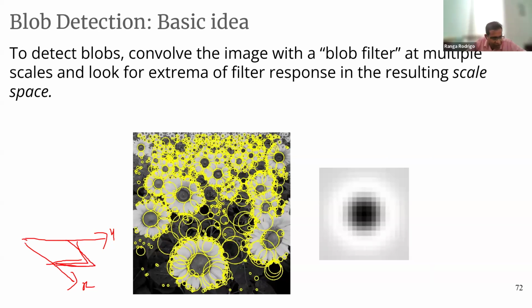Now we don't do that only. You have another axis called the scale axis. So we not only look for maxima in the xy axis, but in the scale axis also. Can you see that?